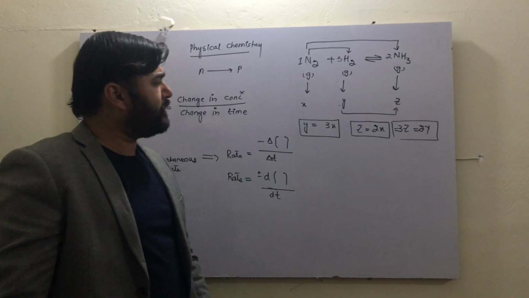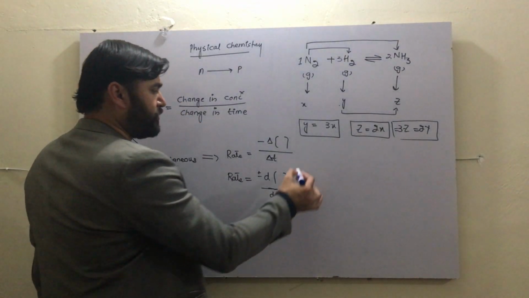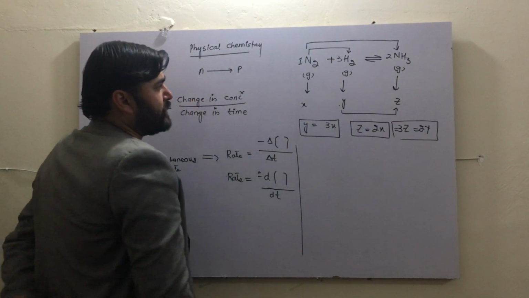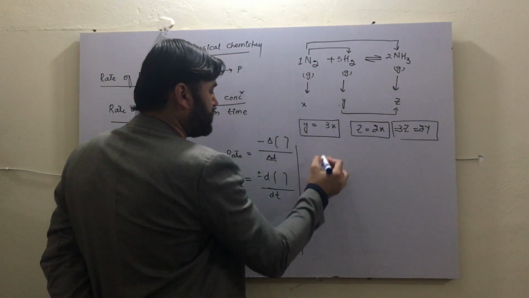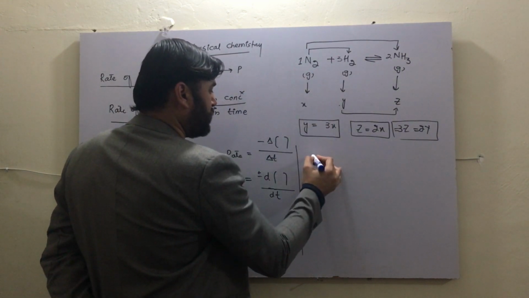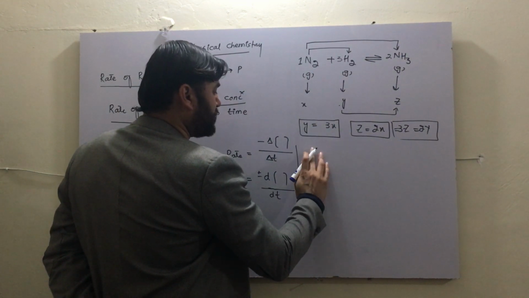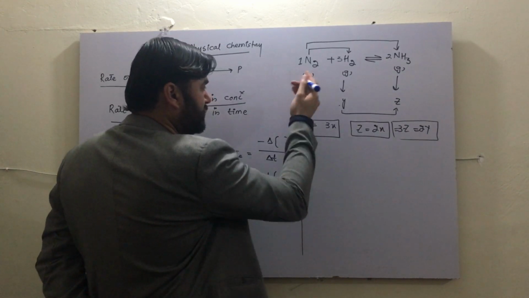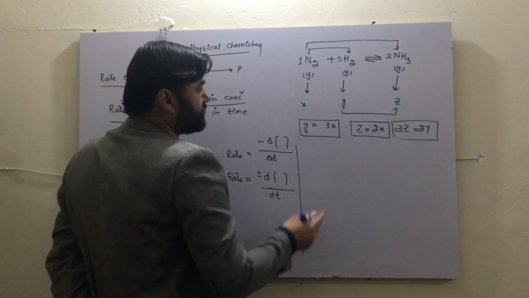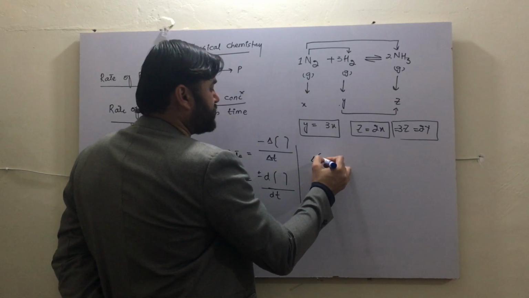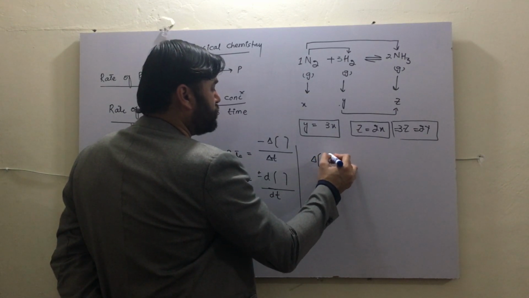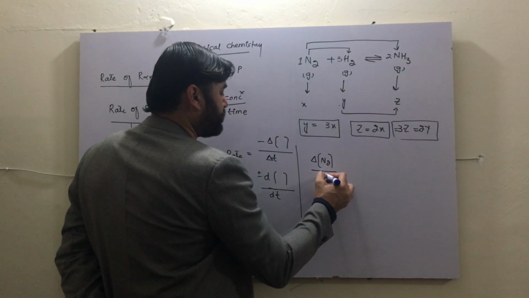So let's have a little more information about this reaction. Now see, suppose this is a reaction, the rate of disappearance, if we explain it in a better way, if we write it like this, is the change of concentration of N2 over change in time.